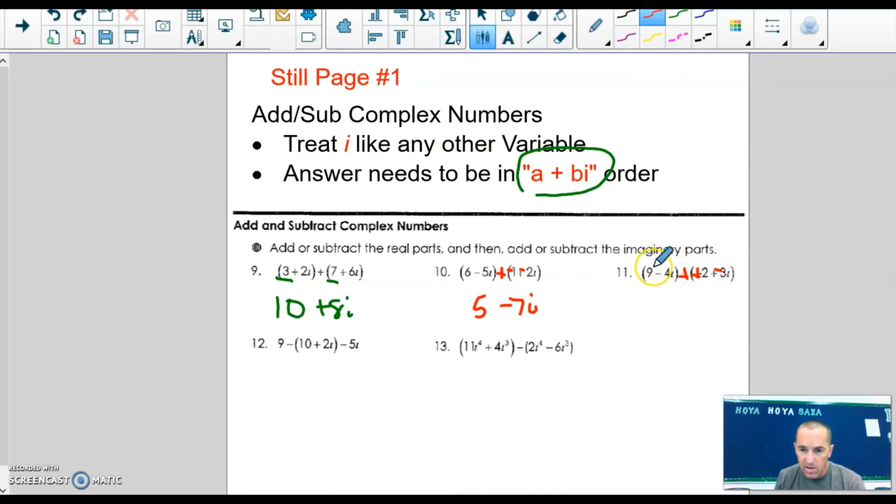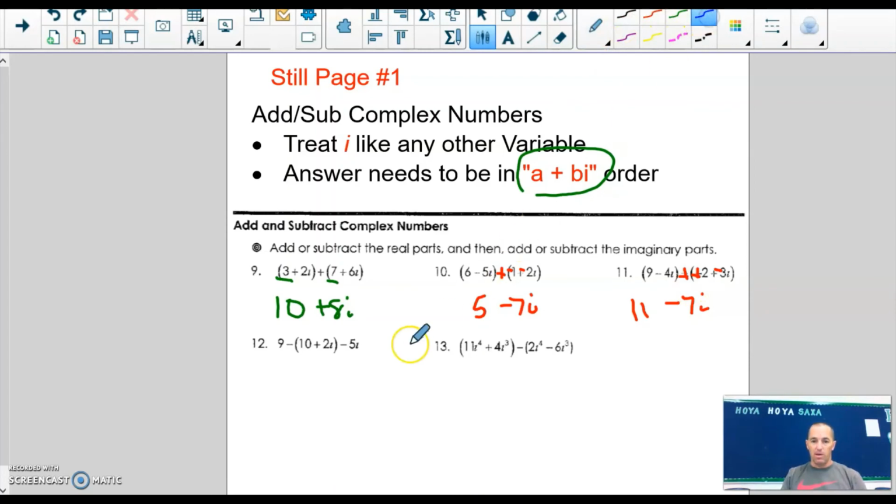So what we have is 9 plus 2, that's 11, and negative 4i minus 3i, which is negative 7i. Okay, so we have complex numbers 10 plus 8i, 5 minus 7i, and 11 minus 7i.